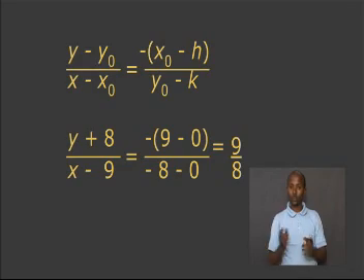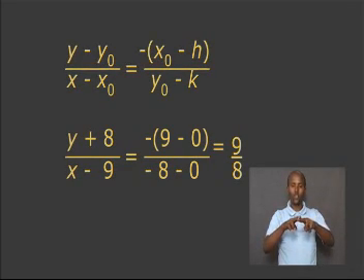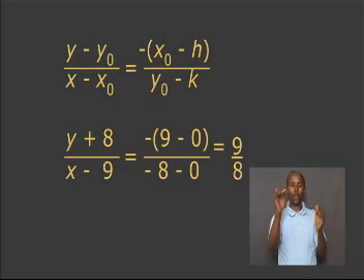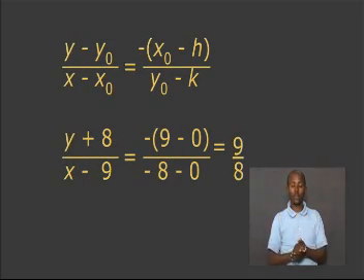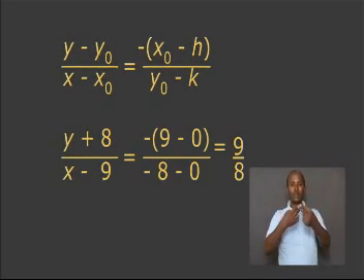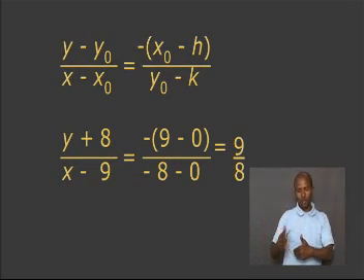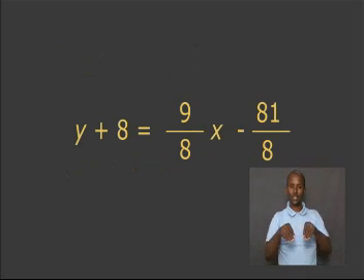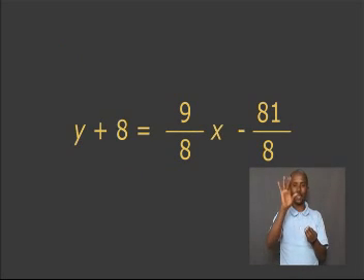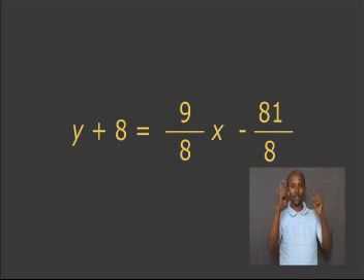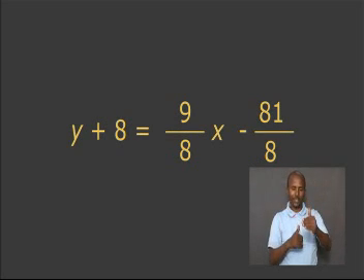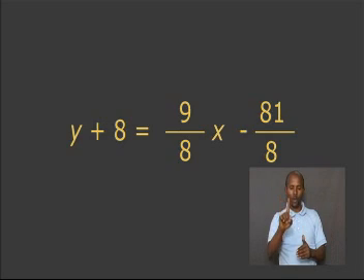In order to put this into the form of y equals mx plus b, we must multiply each side by x minus 9. This gives us y plus 8 equals 9 over 8 x minus 81 over 8.